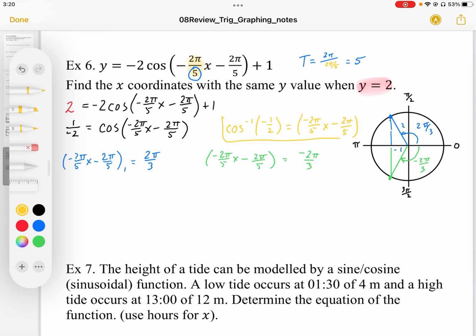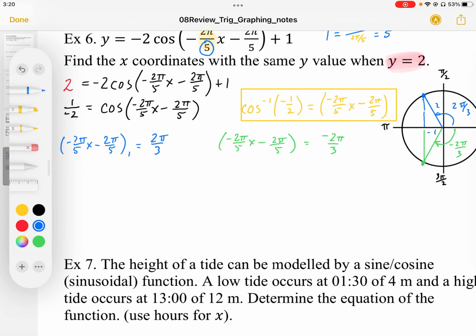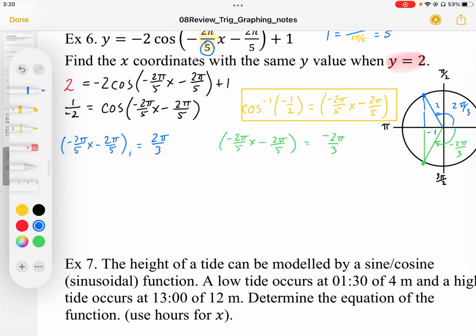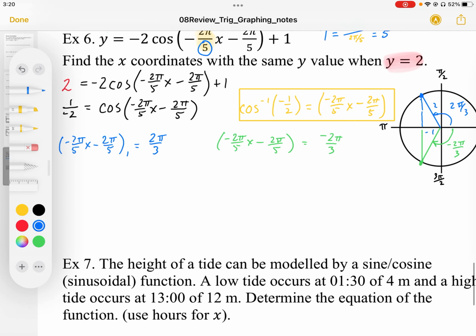This is just the arc cos version of that equation in black that I solved for. All right, so I'm going to solve for both of these solutions. First I'm going to multiply everything by 15 to get rid of these denominators.